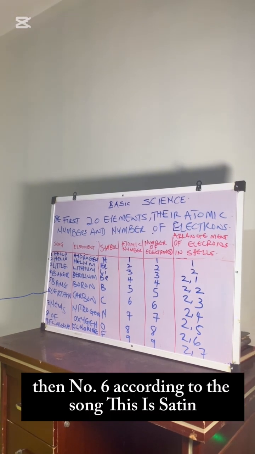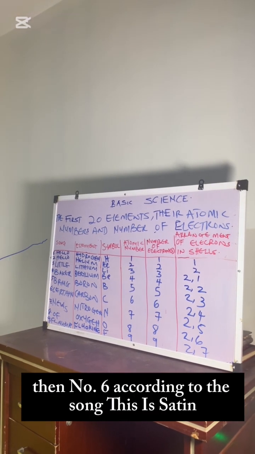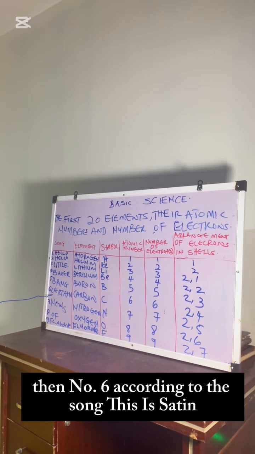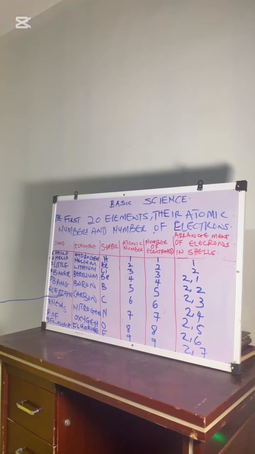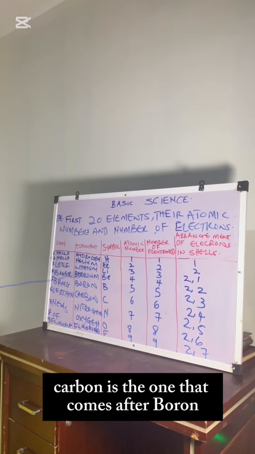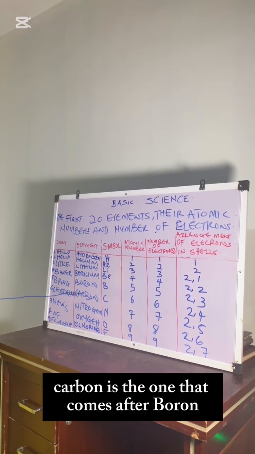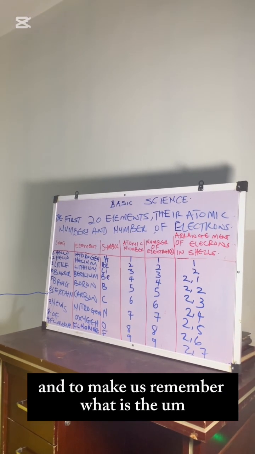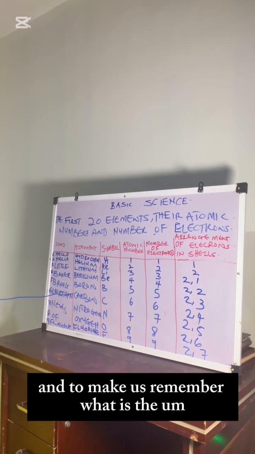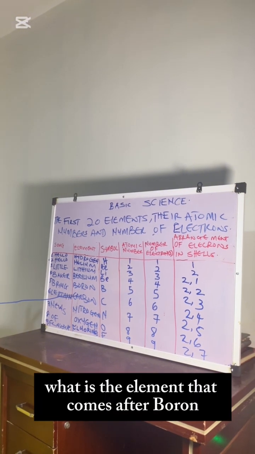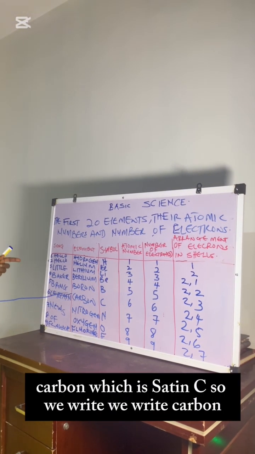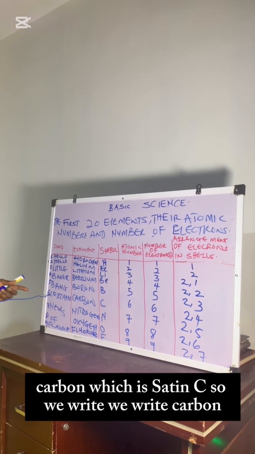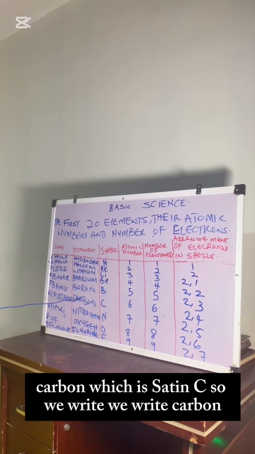Then number 6, according to the song, is "Certain". Carbon is the one that comes after boron, and the song helps us remember what element comes after boron: carbon, which is "Certain", C. So we write carbon.